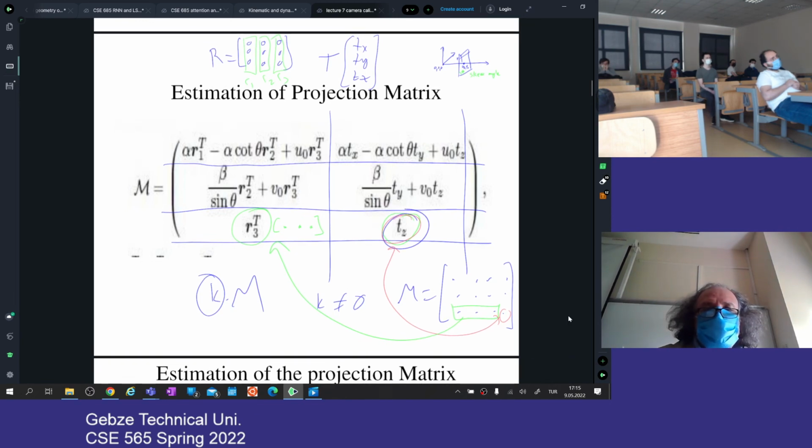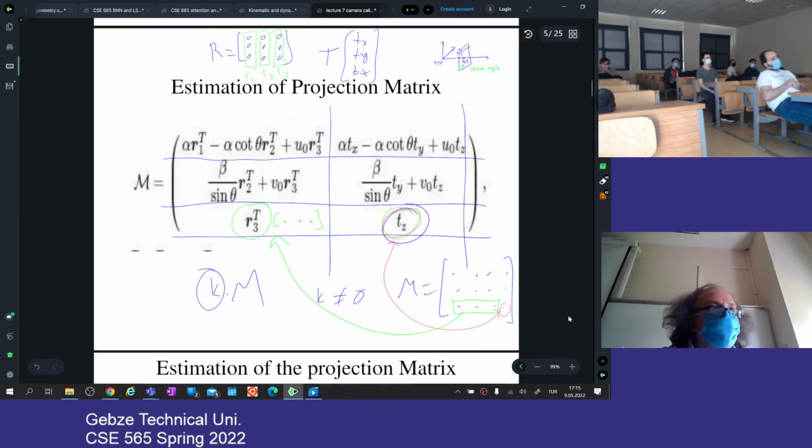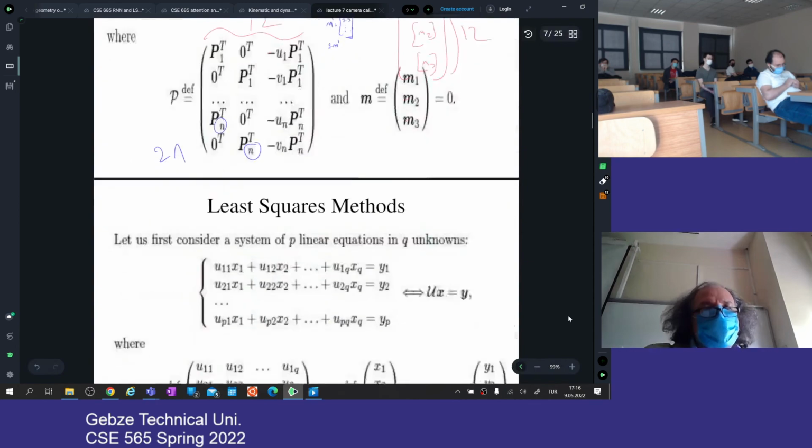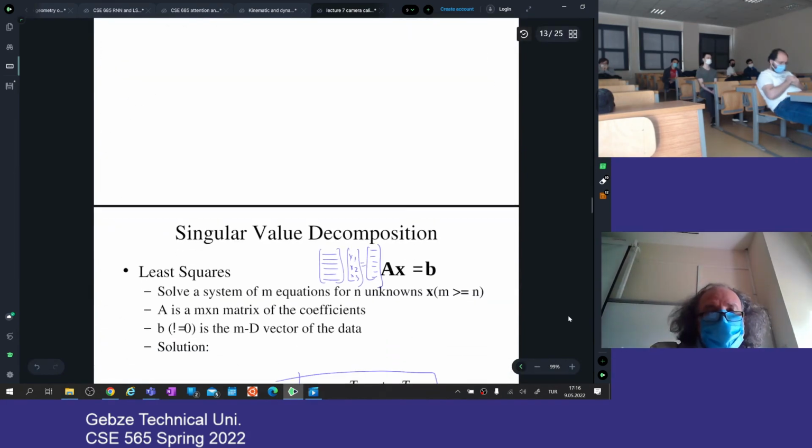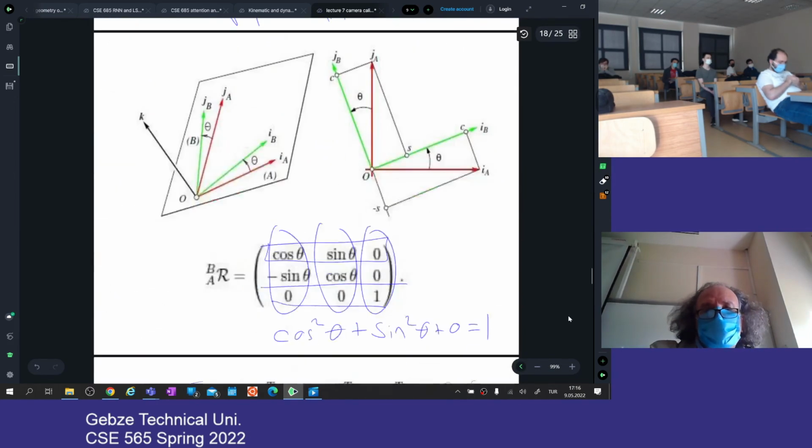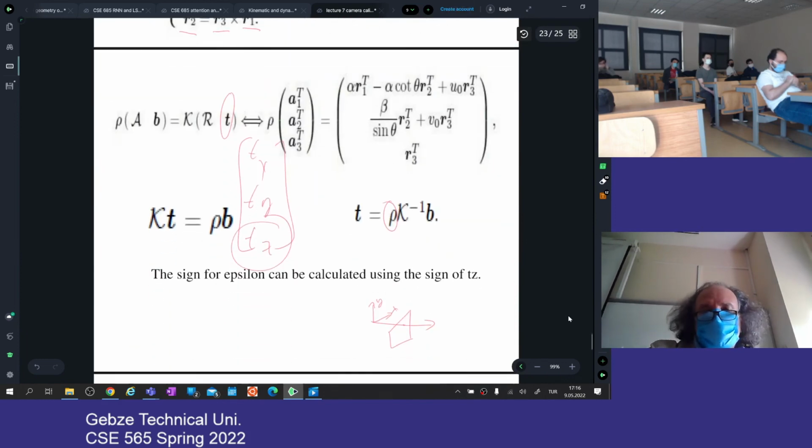Since I know Tz, Ty, I can calculate Tx. All of them are now done. So in total, I have calculated 3 translation parameters, 3 rotation parameters, 3 rows of it, u0, v0, alpha, beta, and theta. So my calibration is done.